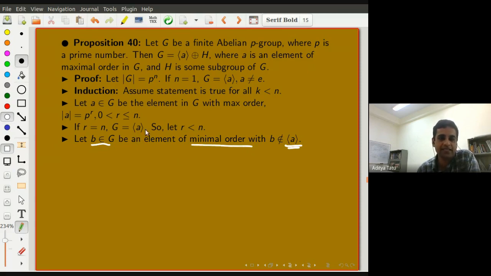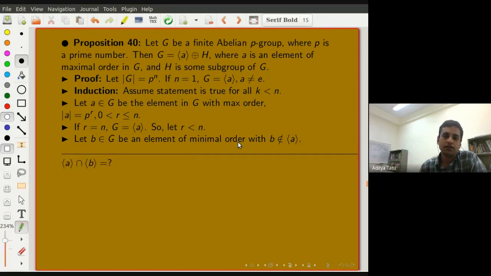A is an element of the group with maximum order. B is an element of the group which is not in the subgroup generated by A and is of minimal order. And then let's look at the subgroup generated by B and try to see what the intersection between these two subgroups is.